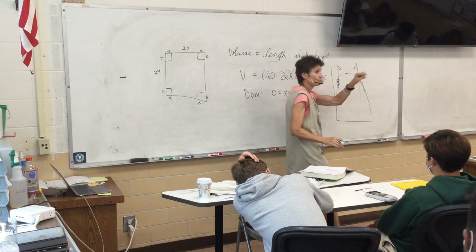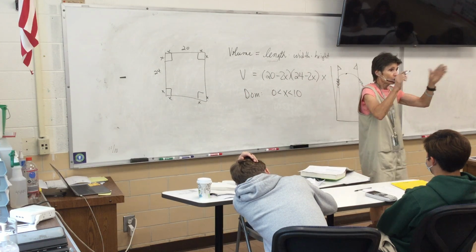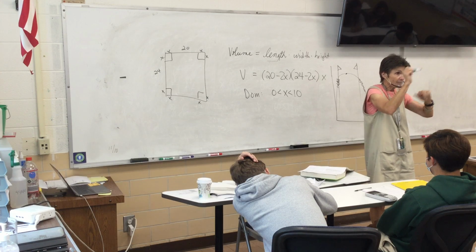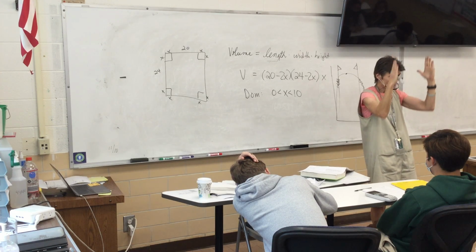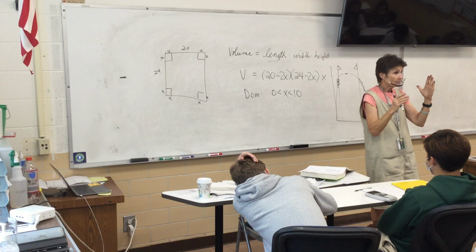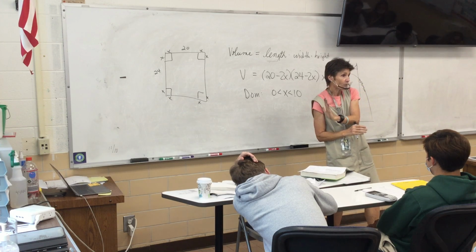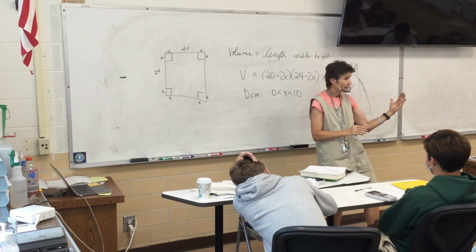If you want to get the right answer, your maximum point has to be between the lines or between the arrows. So that's why you set one over on the left and one over on the right.